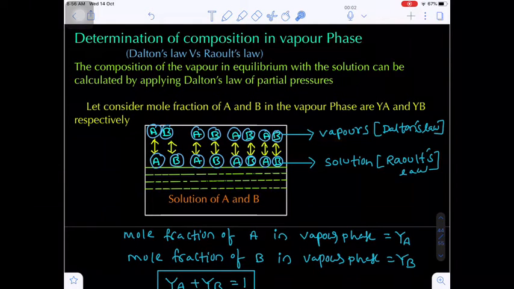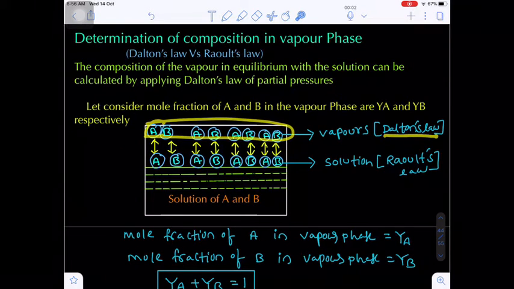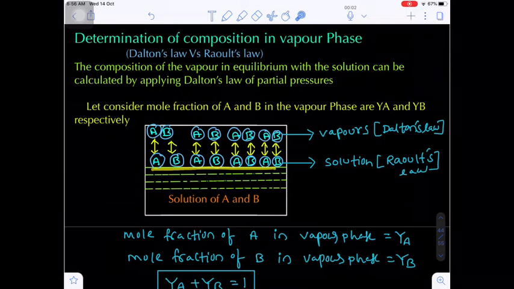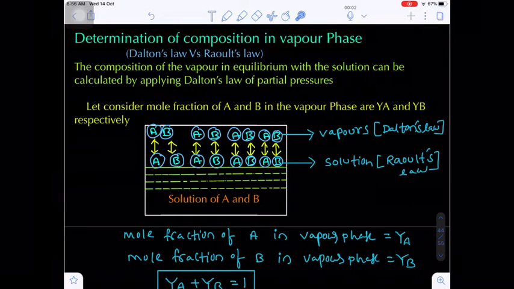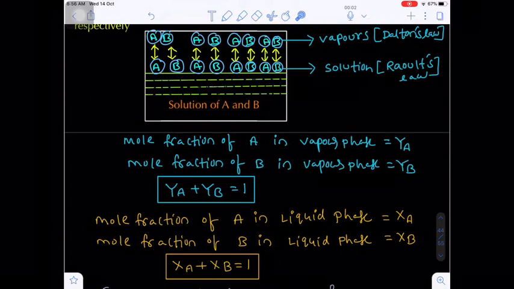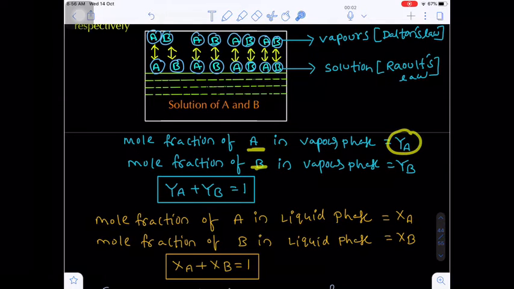Now if you see, these are the vapors. In the vapor phase, Dalton's law is followed, whereas in the solution phase, Raoult's law is followed. Now in the vapor phase, let's suppose the mole fraction of component A will be Ya and component B will be Yb.